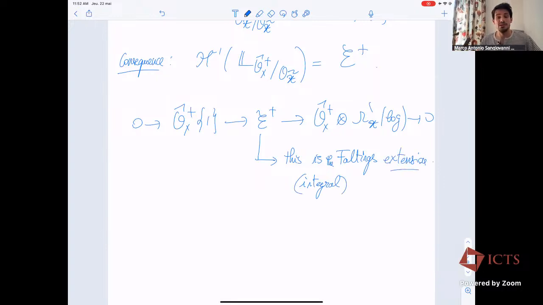And this extension allows you to build a map from the differentials omega 1 to the pro-Kummer étale cohomology of O_X hat plus.